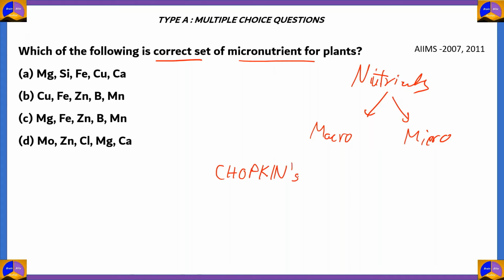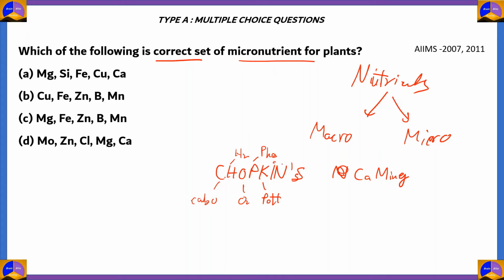Chopkins, or wait, we can write it as C. Hopkins. So C. Hopkins coming. C stands for carbon, H stands for hydrogen, O stands for oxygen, P stands for phosphorus, K stands for potassium, and the I doesn't stand for anything.